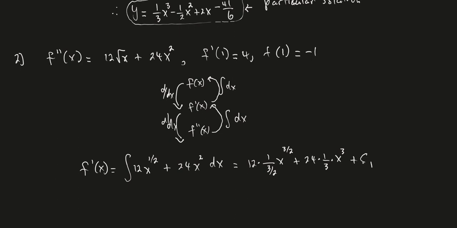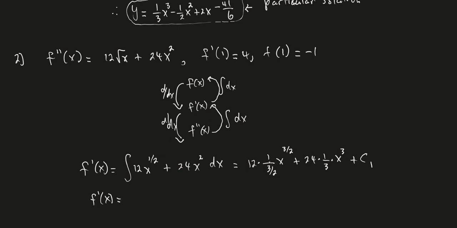The reason I'm going to call this c1 is that since I'm going to have to anti-differentiate twice, I'm going to come up with 2 different constants, and those constants are not necessarily the same. All right, so let's simplify what the first derivative is.